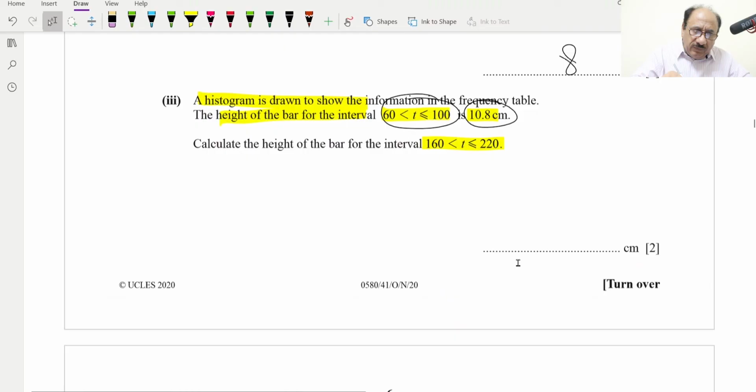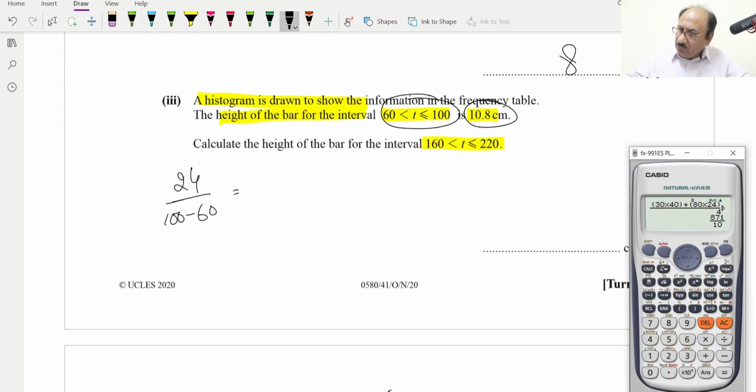So 24 divided by class width, which is 40. 100 minus 60, we can write here 100 minus 60, and this will be equal to 40. So 24 divided by 40, basically this should be 24, not 40.